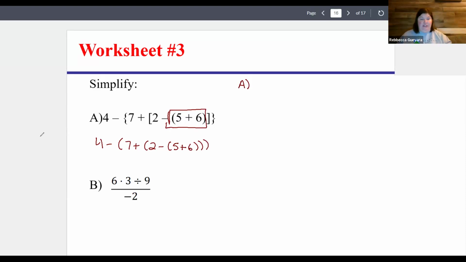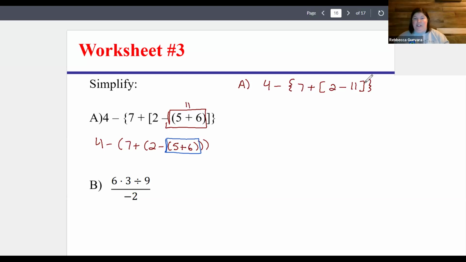What we're focusing on is finding the innermost set of parentheses or groupings that we have to deal with. That innermost set is going to be that 5 plus 6. So we have the 4, and then minus brace 7 plus bracket 2 minus, and then 5 plus 6 is just going to be 11. Close that bracket, close that brace.